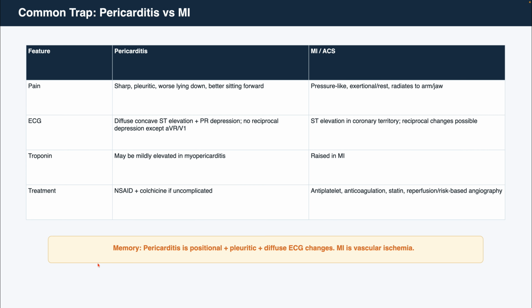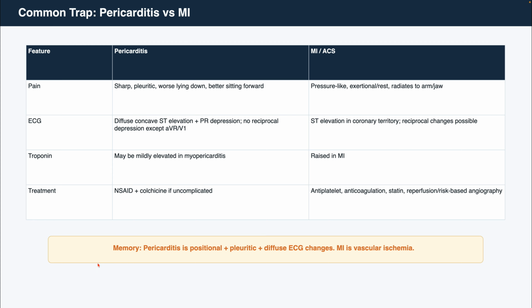Now, the main thing you have to differentiate is pericarditis versus MI. If you look at the ECG, you will definitely know the differences. In ACS, it will be ST elevation in a coronary artery territory. And in pericarditis, it will be diffuse concave ST elevation plus PR depression. No reciprocal depression except at aVR or V1. Okay, so pain will be sharp, pleuritic, worse lying down, better sitting forward. And in case of ACS, it will be pressure-like, exertional or rest, radiating to arm or jaw.